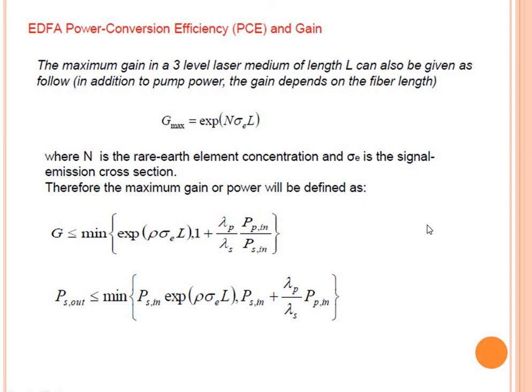In addition to pump power, the gain also depends on the fiber length. The maximum gain in a 3-level laser medium of a given length, such as an EDFA, is given by this equation, where N is the rare earth element concentration and sigma E is the signal emission cross section.